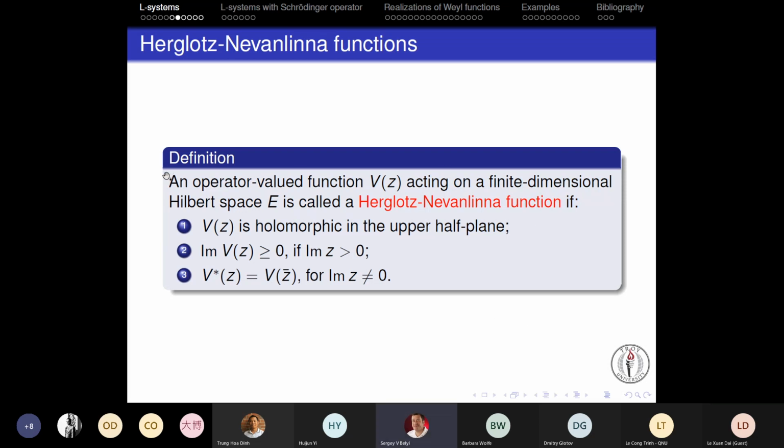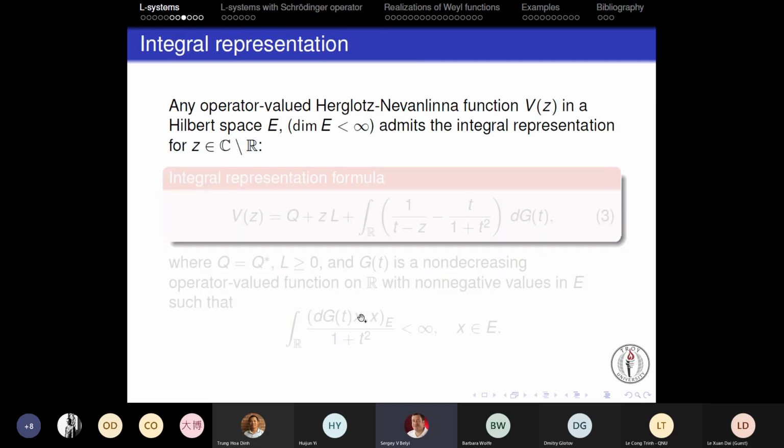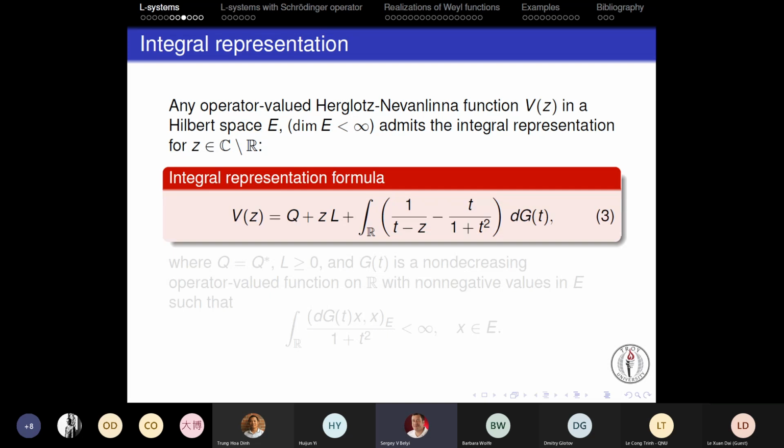So the reason I'm mentioning Herglotz-Nevanlinna functions here is because both problems, direct and inverse, were solved in this class. And the solution is laid out in terms of an integral representation, because all Herglotz-Nevanlinna functions admit the integral representation that you see on the screen right now, formula 3.